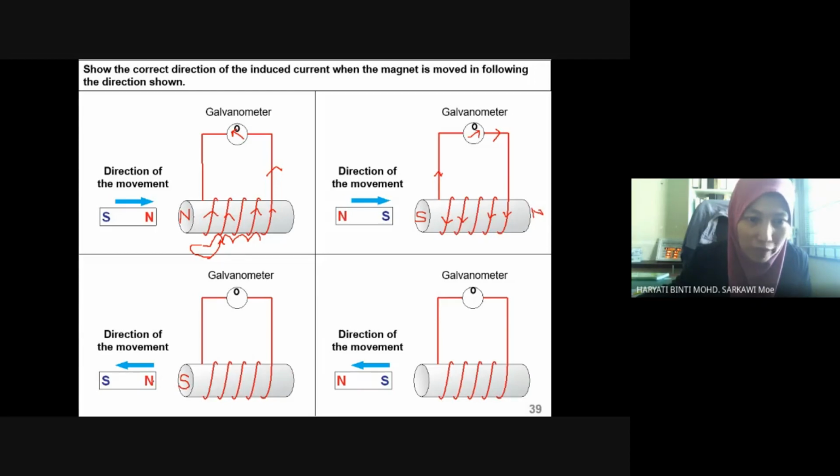They don't want the magnet to go out, so become south. So here will be north. So if here south, here north, use your right hand grip rule again. So current going down, so here will be up. It will deflect to the right. Okay, Ernie, okay? Last one will be opposite. Okay, I proceed. Next slide.